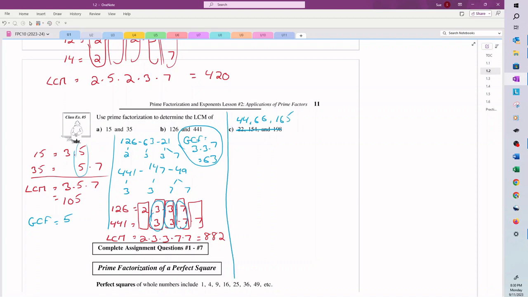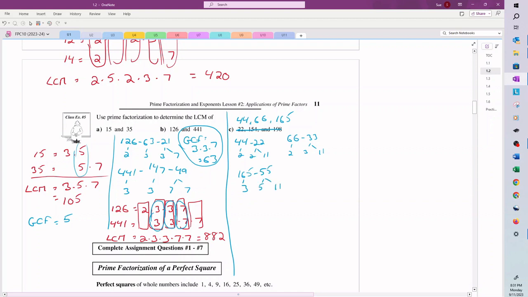So 44 divided by 2 is 22, which is 2 times 11. 66, divide that by 2 is 33, which is 3 times 11. And 165 doesn't divide by 2, it does divide by 3. That comes up to 55, which is 5 times 11.